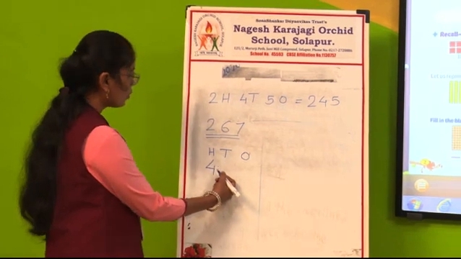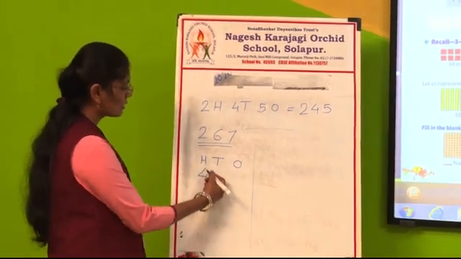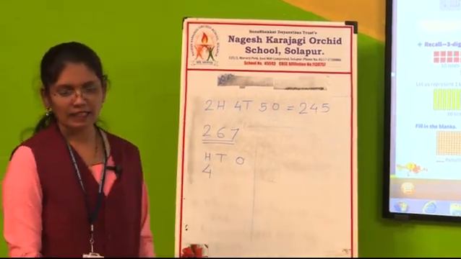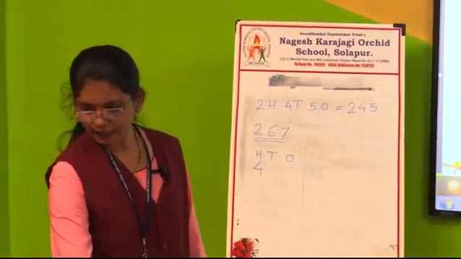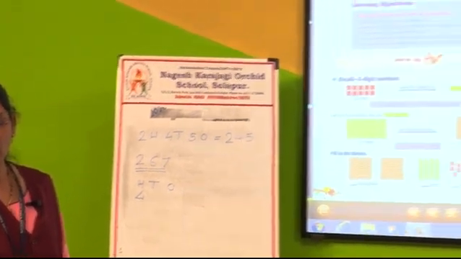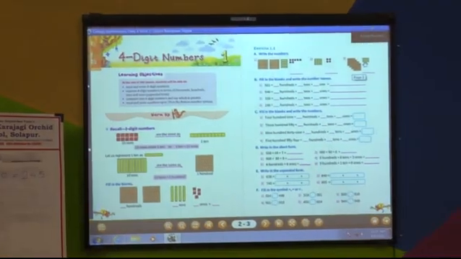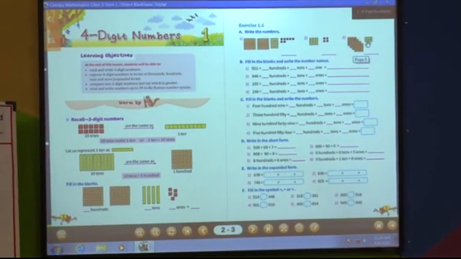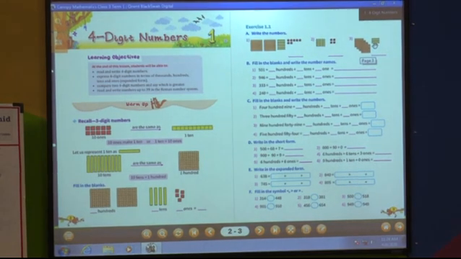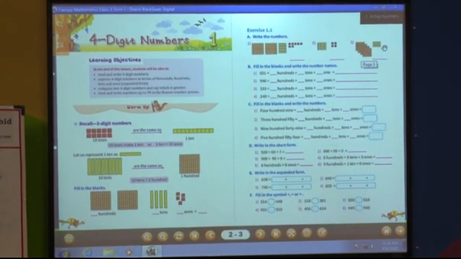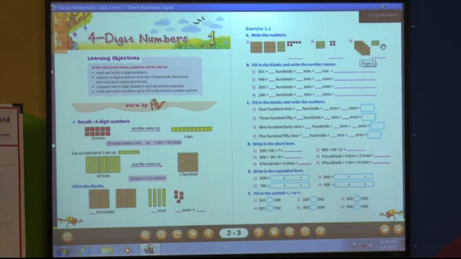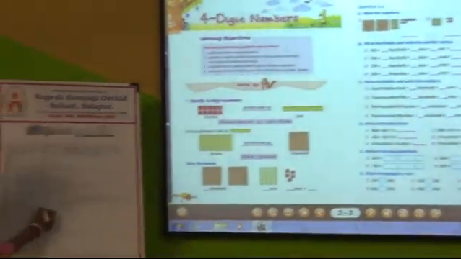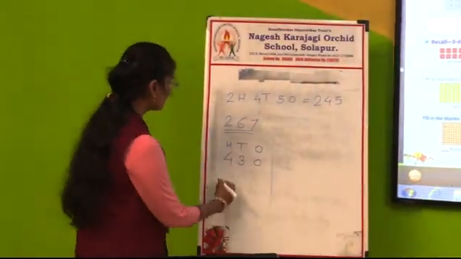So we will write here 4. Now see, how many tens are there? Can you count? 1, 2 and 3. 3 tens are there. So I will write here 3. And see students, how many ones are there? Nothing is there. Okay, no ones means we have to write 0 at the ones place. So what will be the number?